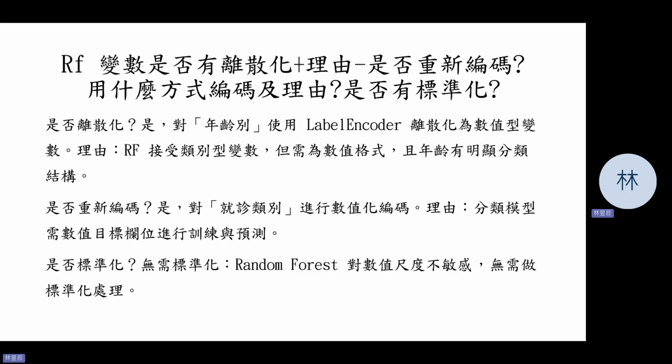Recode: yes, encode visit category numerically. Rationale: classification models require numerical target values for training and prediction. Standardize: no standardization required. Random forest is not sensitive to numerical scale, so no standardization is required.